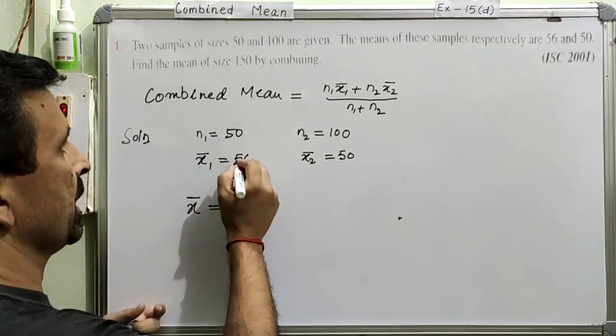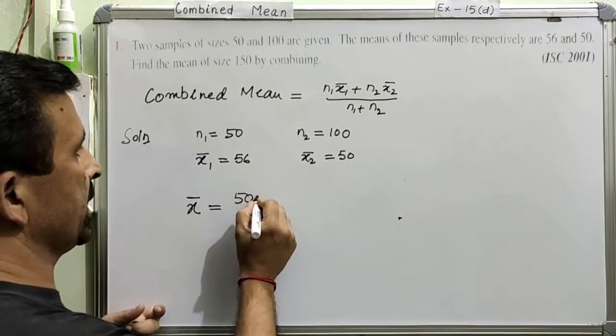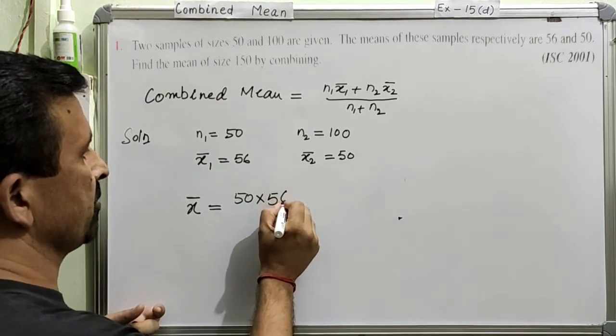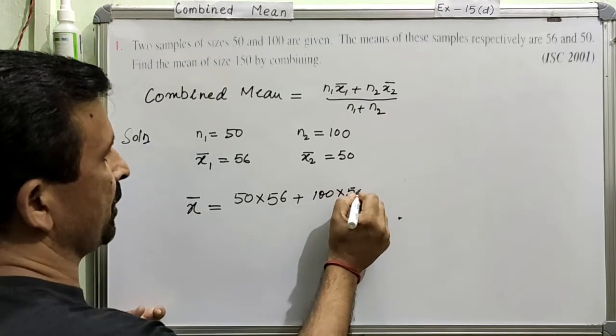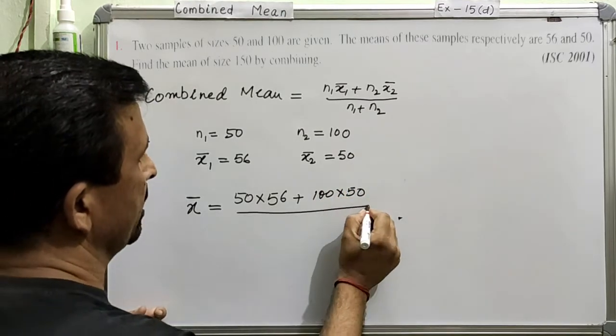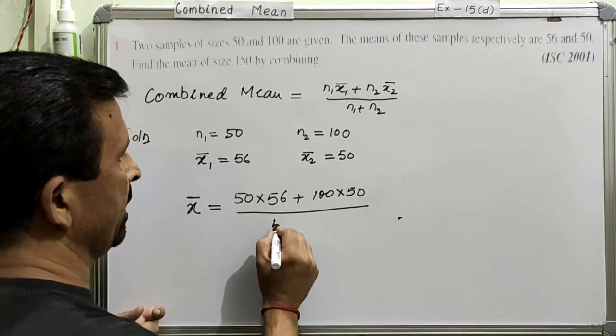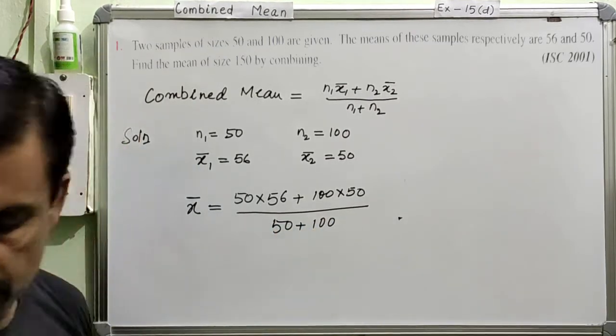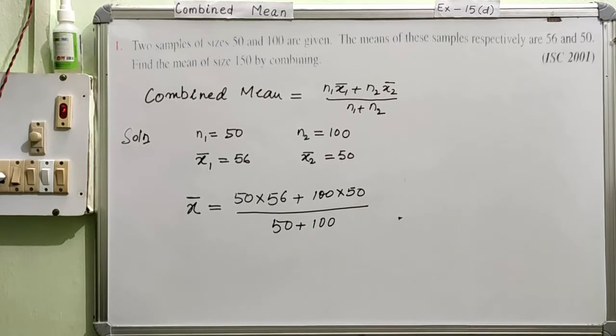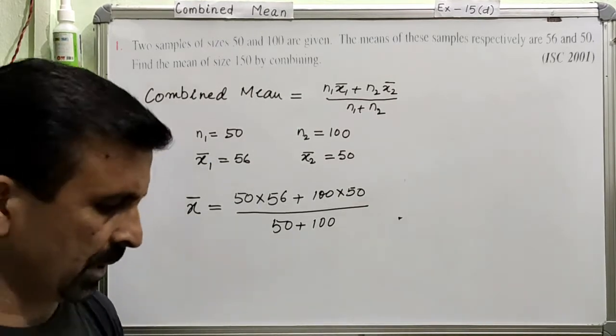X is denoted by x bar. Now 50 into 56 plus 100 into 50 divided by 50 plus 100. Is it very clear? Now we can use the calculator.